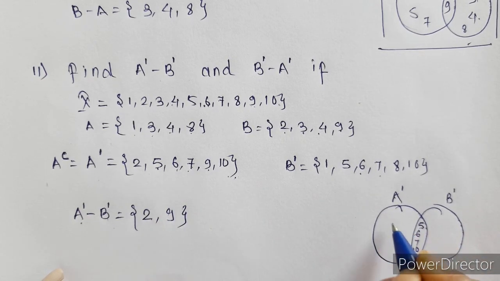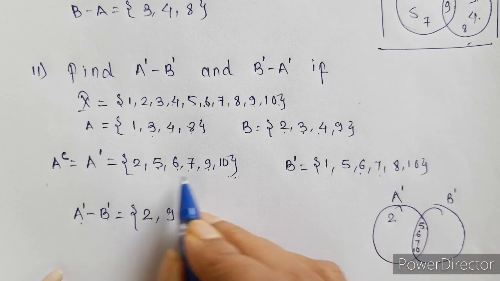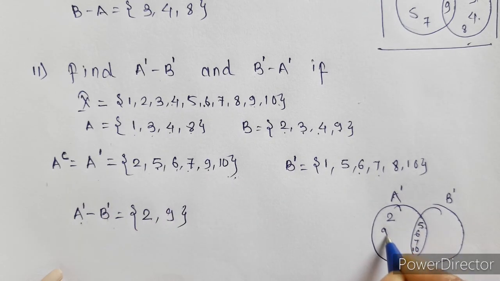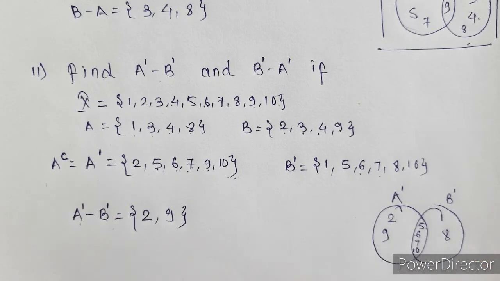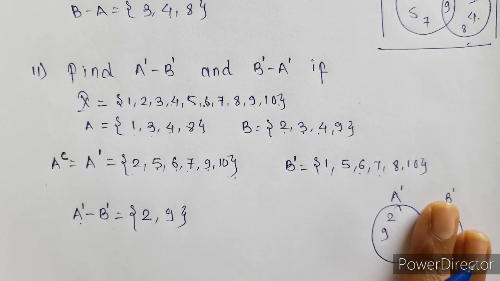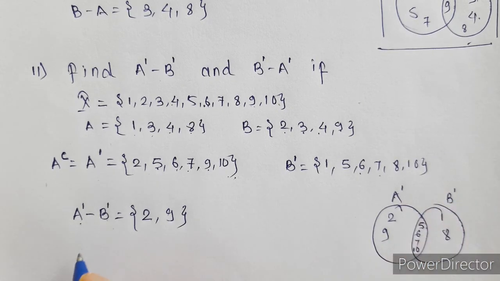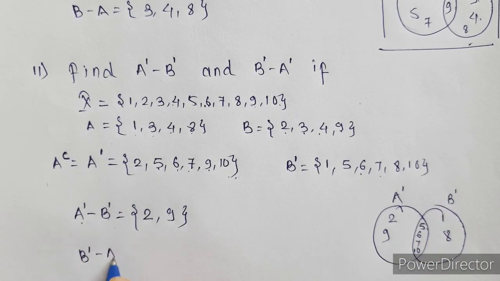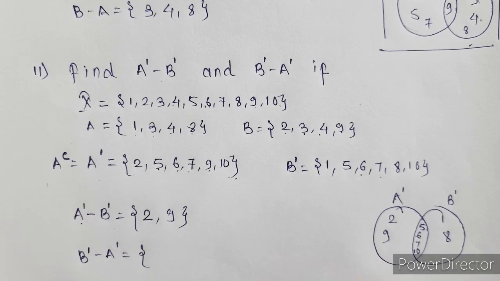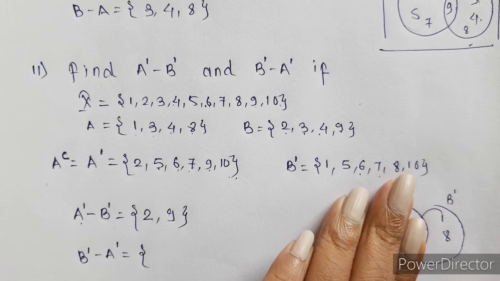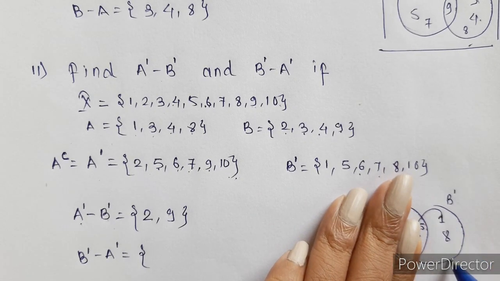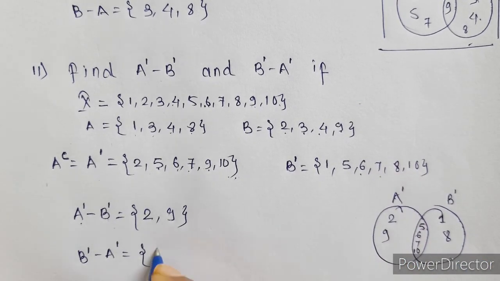The remaining are 2 and 9, and here the remaining are 1 and 8. So for A complement difference B complement, if I am subtracting all this, remaining is just 2, 9, and for B complement difference A complement, remaining is only 1 and 8.